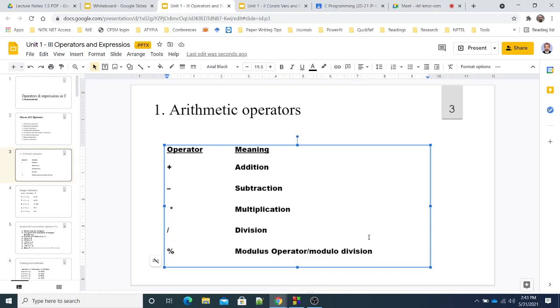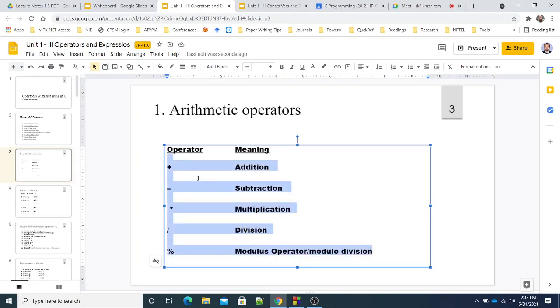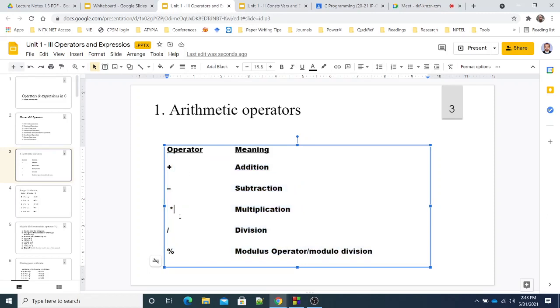So these are the arithmetic operators. Working of addition, subtraction, multiplication, division is similar to what is there in mathematics. And probably this is the one you are not familiar with. It is known as the modulus operator or modulo division. So we will come to all of this.